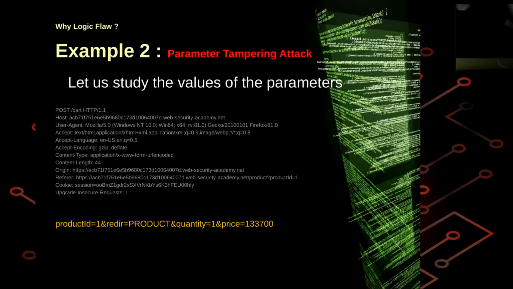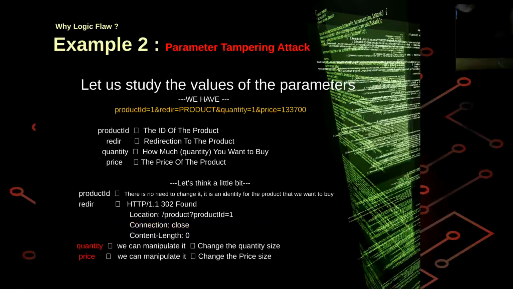So let us see the values of these parameters. The product ID is the identity of the product that you want to buy, and the redirect is like a response from the server, because when you buy this jacket you will get a response from the server redirecting you to the product again.